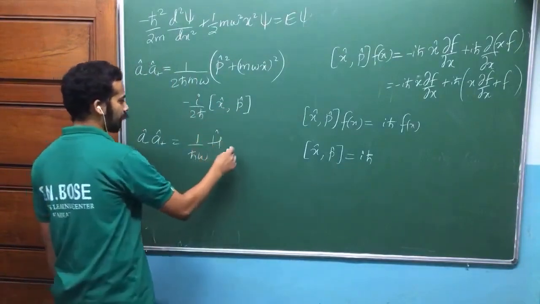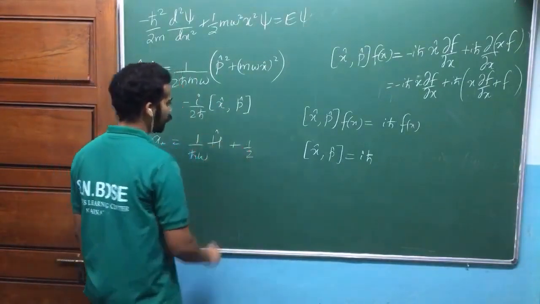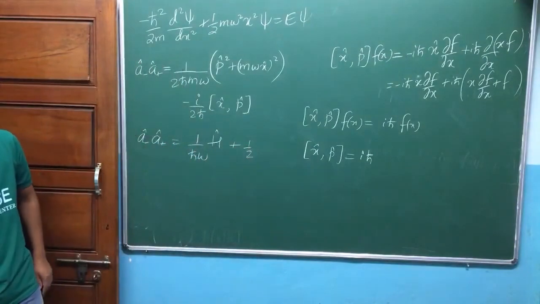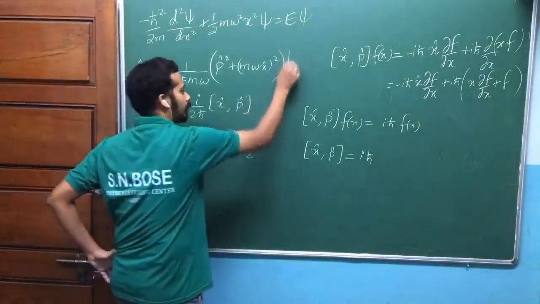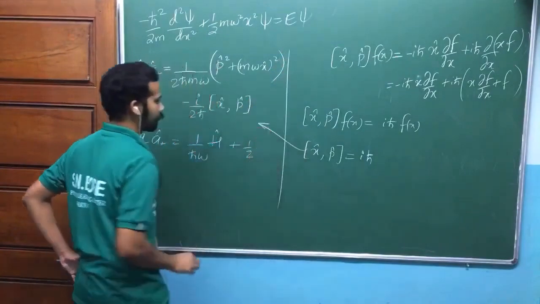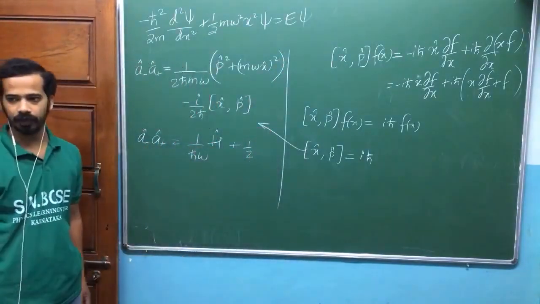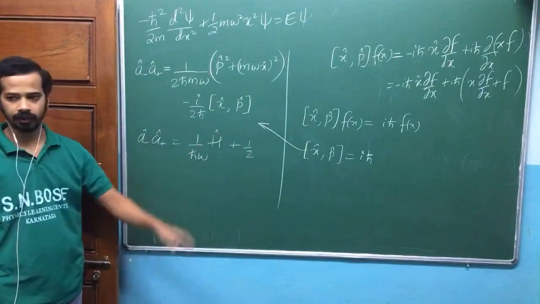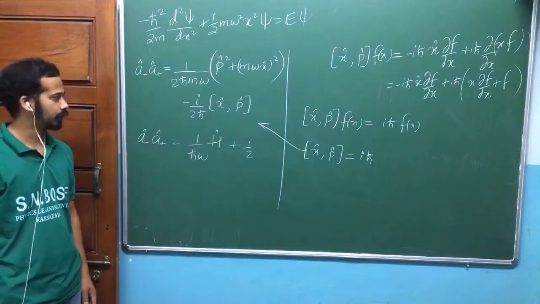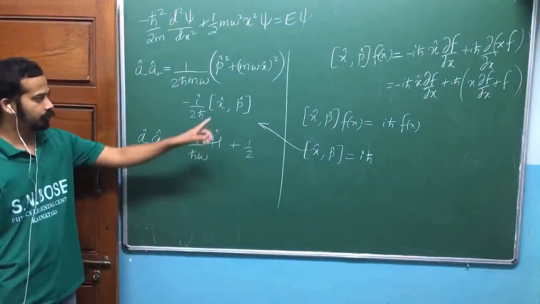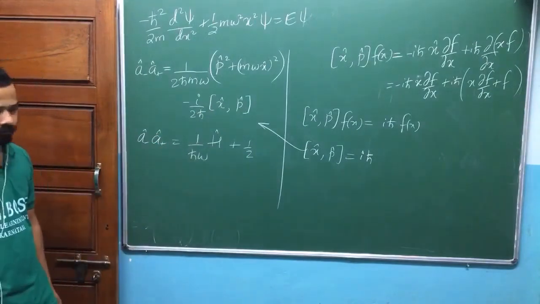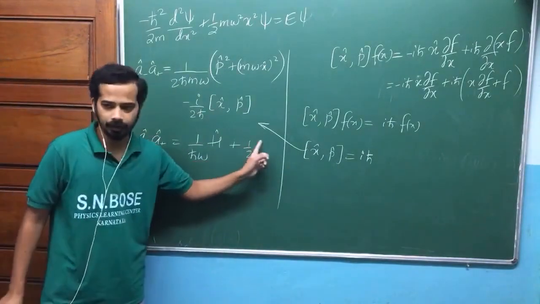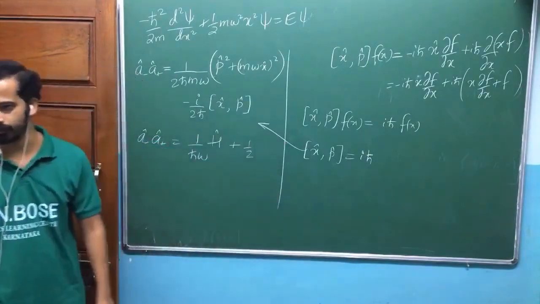The h bar gets cancelled, and plus half remains. Just check it out. When you substitute this back, minus i squared will happen, minus i plus i, minus of i squared is equal to plus 1. One more h bar will come and get cancelled. Actually there should be an identity operator here, but we usually do not write it.